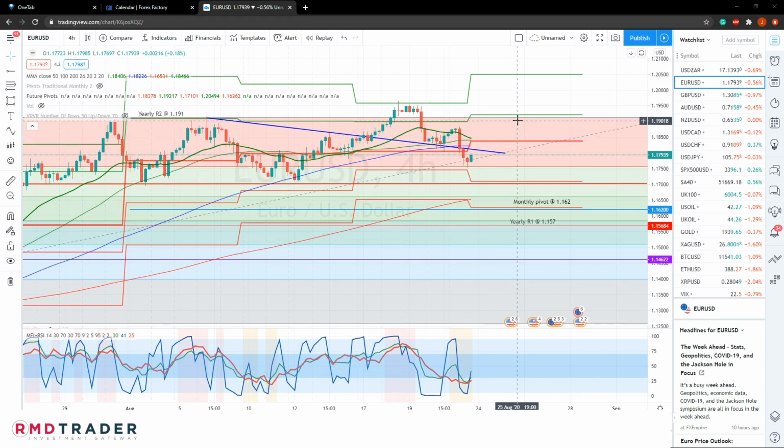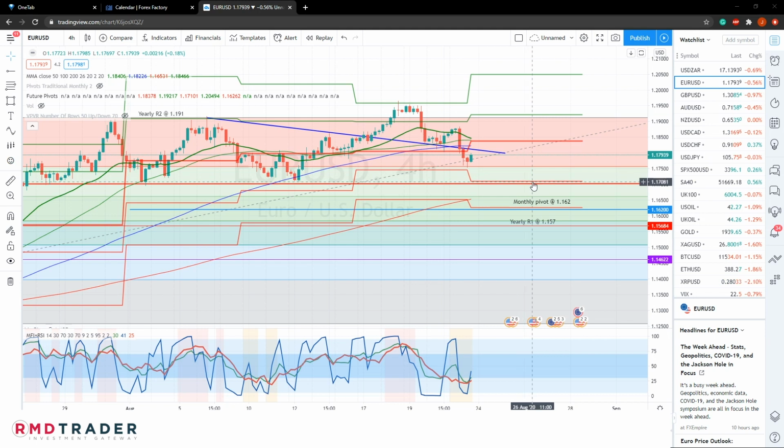Should we break or see any bullish price action above our weekly pivot at 1.184, we will likely see a retest of this upper resistance at 1.191. Of course, should we continue to see bearish price action below our 100 SMA, we will see firstly us retest this 1.70 level.